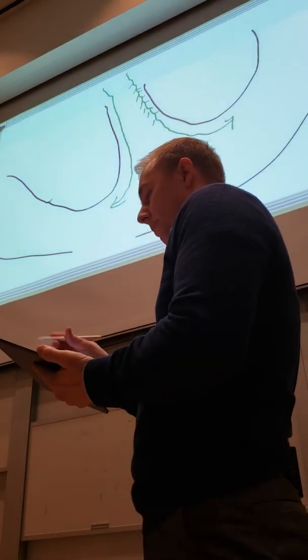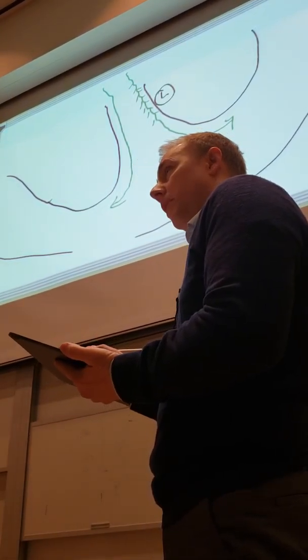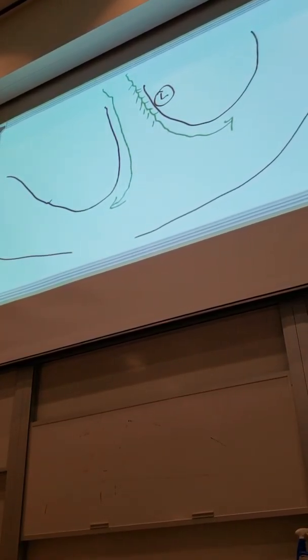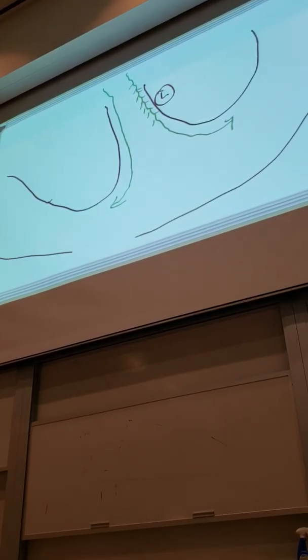The bundle branches are traveling down like this, and then they become Purkinje fibers. These bundle branches are connected to the cardiocytes in the septum on the left side. The right side is not connected. Who thought that was a good idea? I don't know, but that's the way it is in almost everybody.